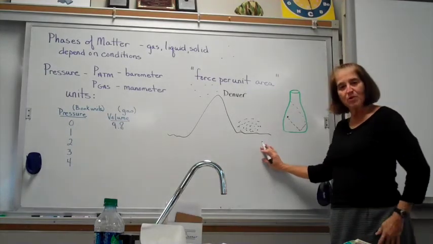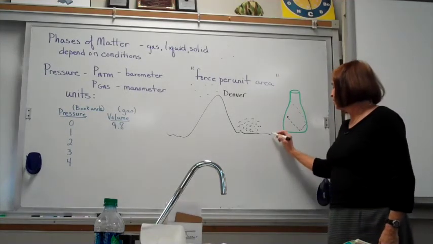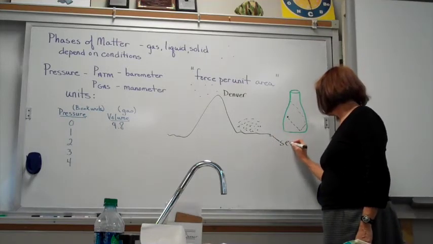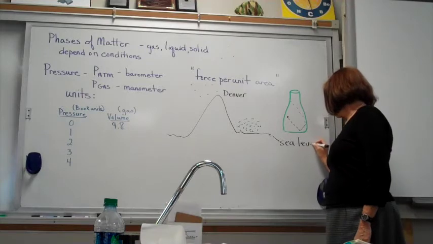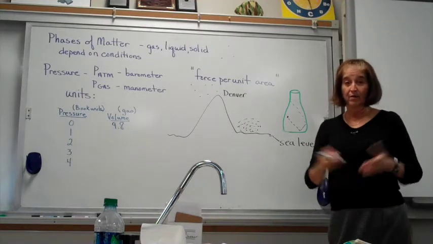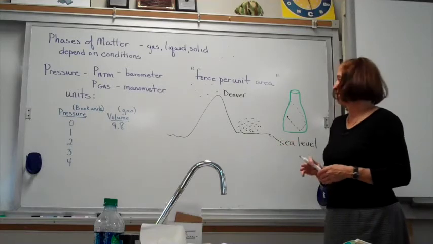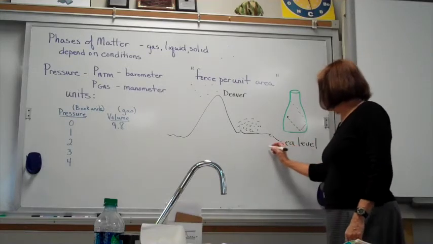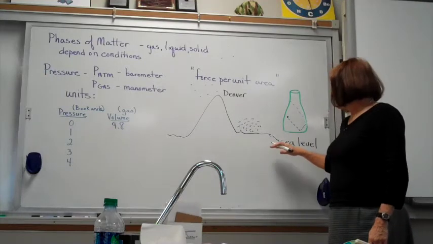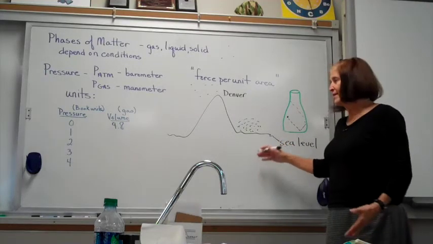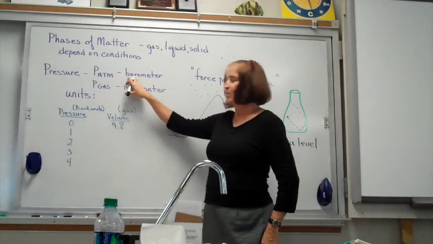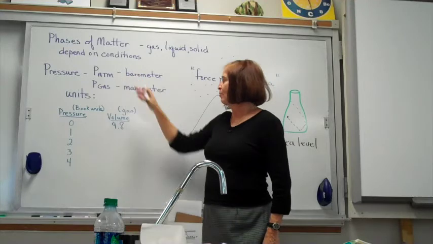So the highest pressure that you're going to have is going to be at sea level. At sea level is going to be the highest pressures that we would be recording. And so we set this as sort of our reference point, and there is an average pressure at sea level. That's atmospheric pressure, read by a barometer.